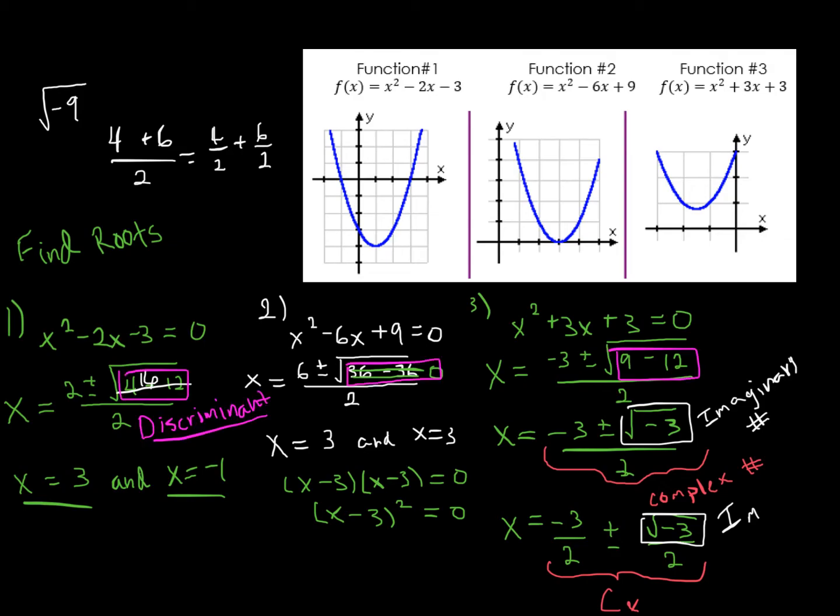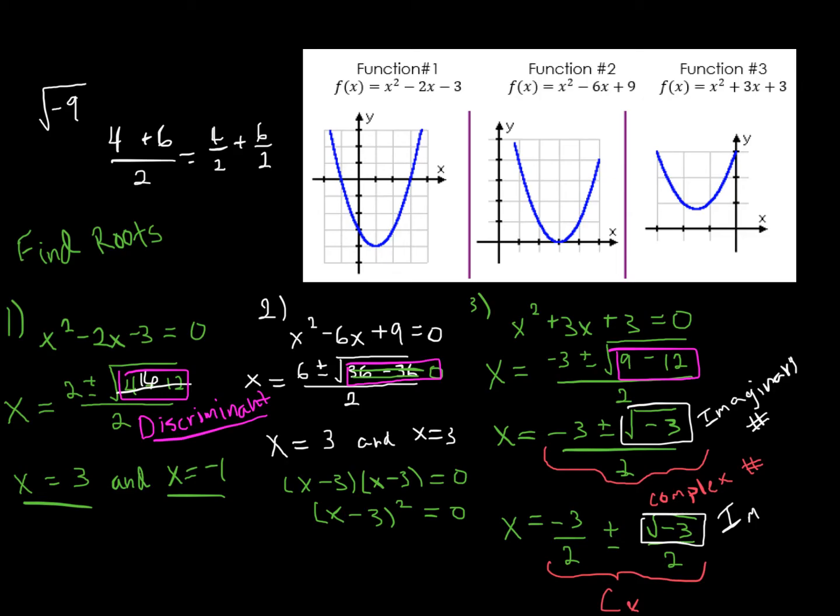The discriminant is the value that's inside of our square root in our quadratic formula. It's the b squared minus 4ac part. And so based on the value of our discriminant, we should be able to tell ahead of time what type of solutions, or what type of roots, we're going to have for our quadratic functions.